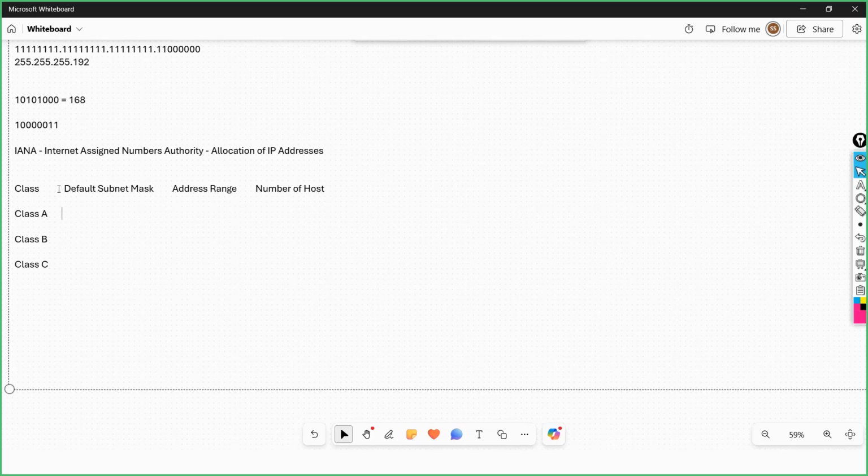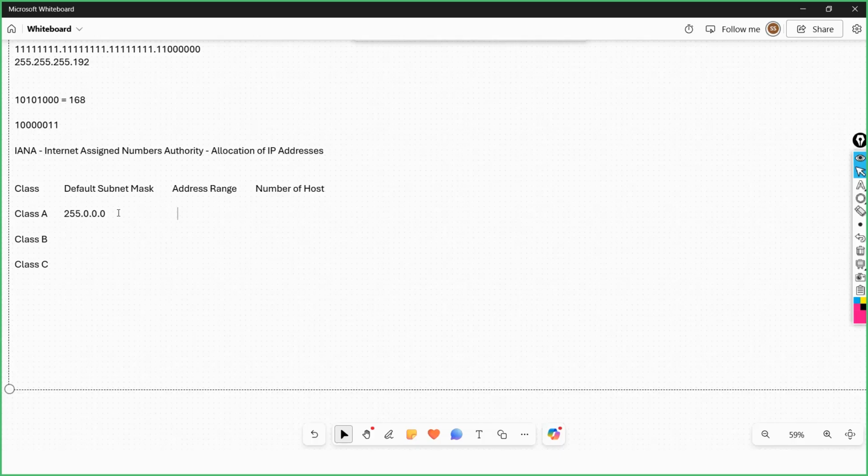So when you talk about class A, it has defined the default subnet mask as 255.0.0.0, meaning that the first 8 bits represent the network ID, and the remaining 24 bits represent the host ID.